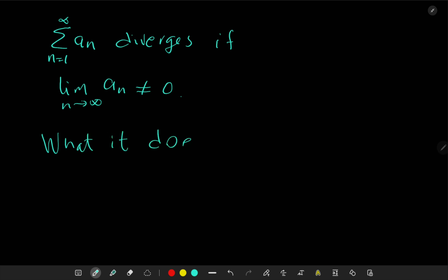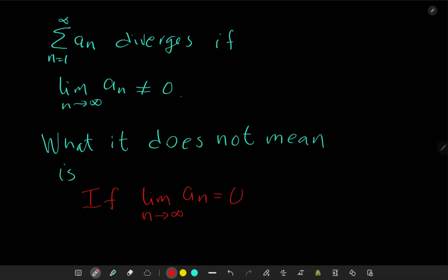What it does not mean is the following, and I'm going to put it in red because that's not true. Doing the negation of this: if the limit as n goes to infinity of a_n is equal to 0, then the sum from n equals 1 to infinity of a_n converges.